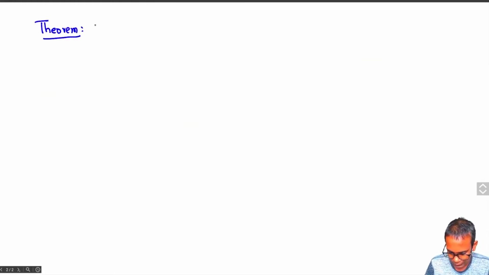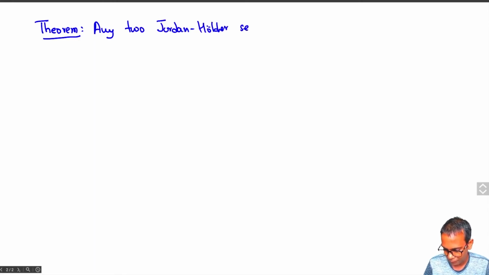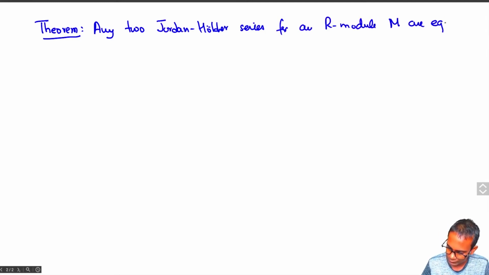I think the simplest statement would be: any two Jordan-Holder series for an R module M are equivalent.